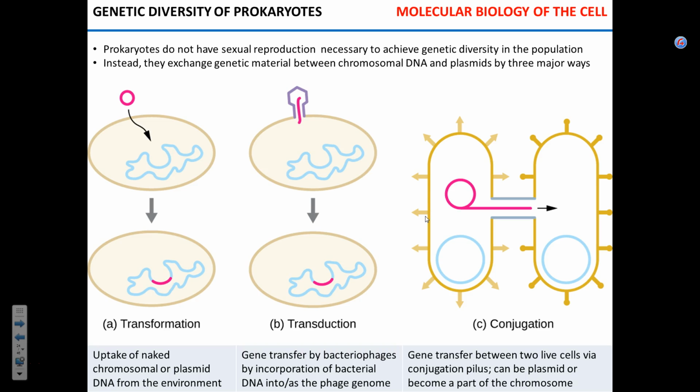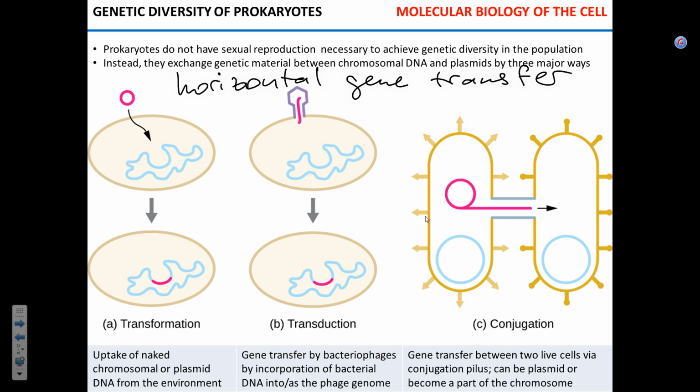So the diversity in microbial populations, and especially in bacterial and archaeal populations, is maintained by various mechanisms of the exchange of DNA between the cells. It's often called horizontal gene transfer, and it's different from vertical gene transfer.